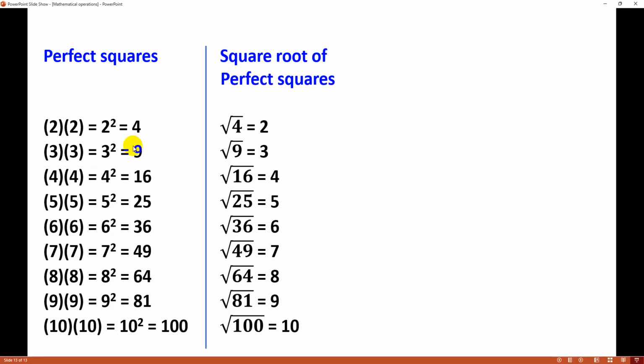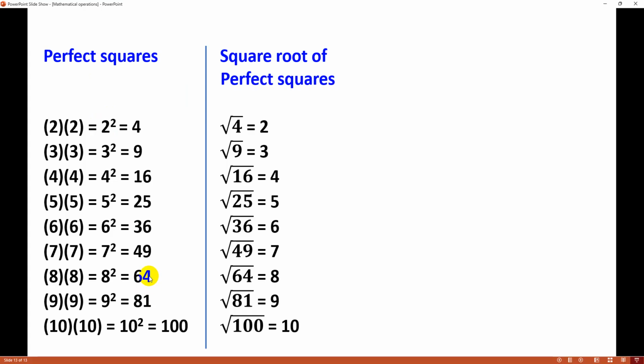All these numbers, 4, 9, 16, 25, 36, 49, and so forth, are called perfect squares, because they are the result of multiplying a number by itself, or basically raising a number to the power of 2. You see, all of them are the result of taking a natural number and raising that to the power of 2. That's why they are called perfect squares.